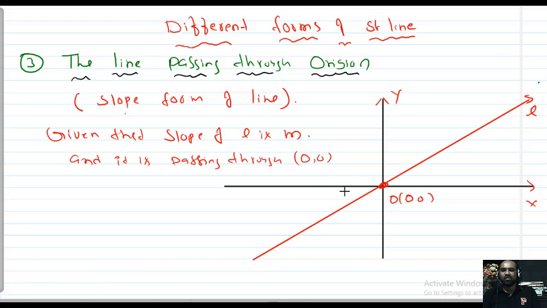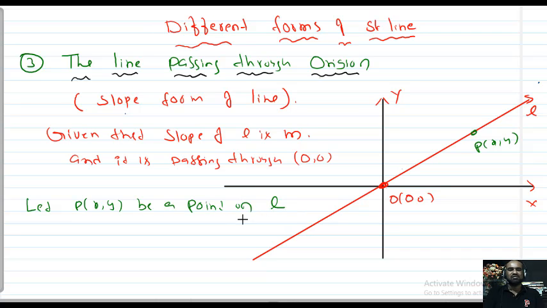Let a variable point be somewhere here. Let P(x, y) be a point on L, a variable point. No suffixes, just x, y. So by using these two points I can find the slope, no? That becomes the slope of L.